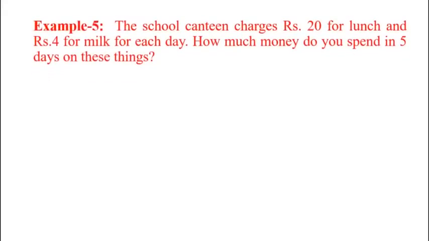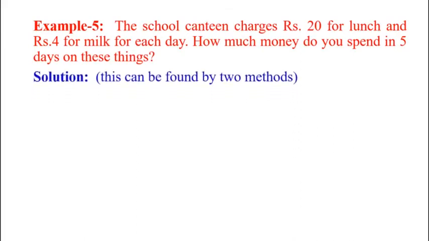Then example 5. The school canteen charges rupees 20 for lunch and rupees 4 for milk for each day. How much money do you spend in 5 days on these things? Solution: this can be found by two methods.